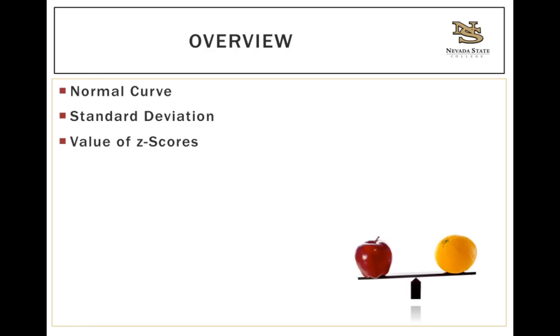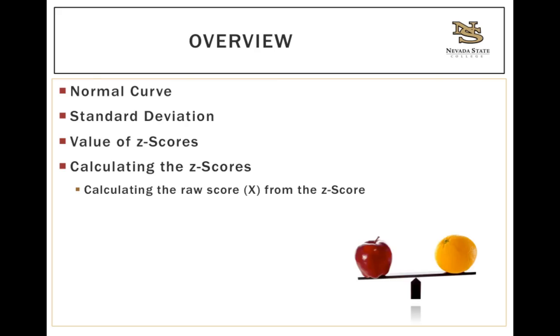Then we'll go on to why we want to compute z-scores, when we would use them, and how they tell us about the scores within a sample or population that we have. And then we'll move on to actually calculating the z-scores using a very simple formula that can do a lot for us. So we'll be able to calculate the raw score from the z-score as well as the z-score from a raw score. So we'll go ahead and learn both of those things, as well as comparing z-scores and raw scores to one another.